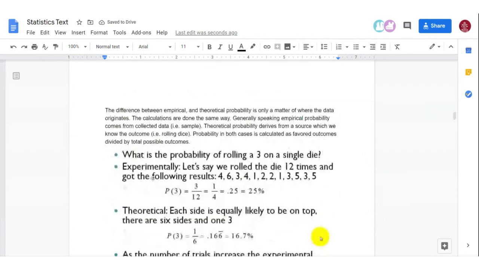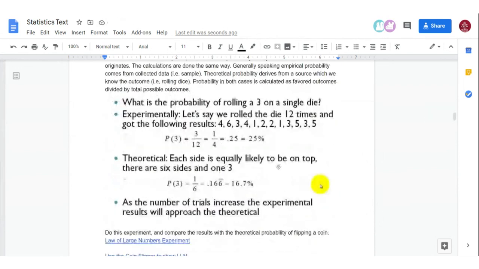By just talking about the difference between experimental or empirical probability and theoretical. Now, theoretical, just by its very nature, tells us that the probability of rolling a 3, similar to what we talked about when we talked about rolling the 6, is 1/6, because there's only one 3 on the whole cube, and there's 6 sides to that cube, so 1/6.